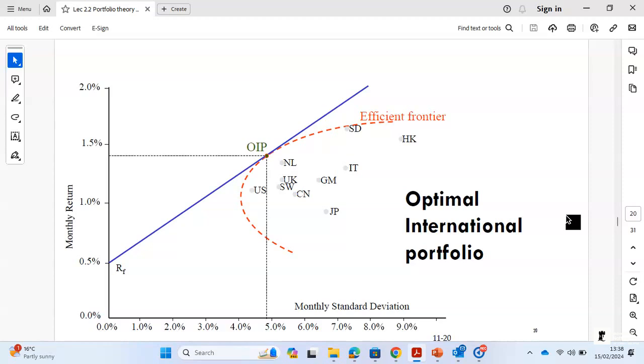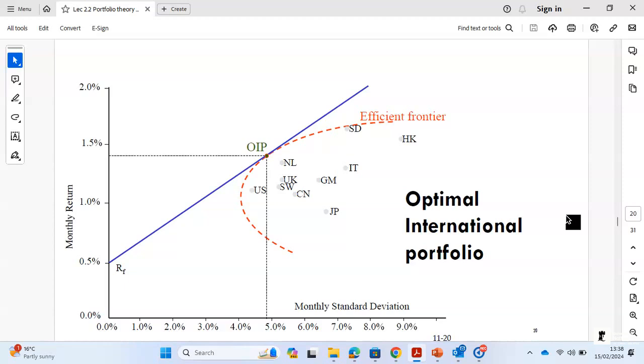If you want to create an optimal portfolio, which portfolio should you select? So all of these points. Here we have Japan, the Japanese market, a portfolio of stocks in the Japanese market. And then we have the US market, we have Netherlands, we have Italy, we have the German market, the Hong Kong market. These are portfolios basically of those individual markets.